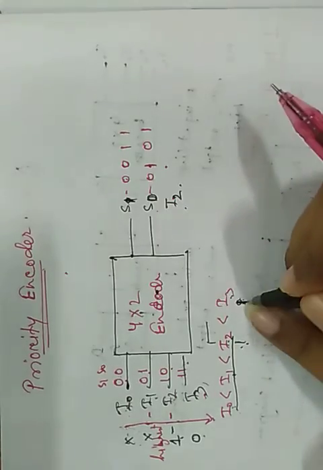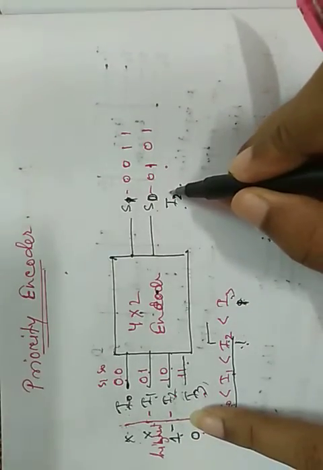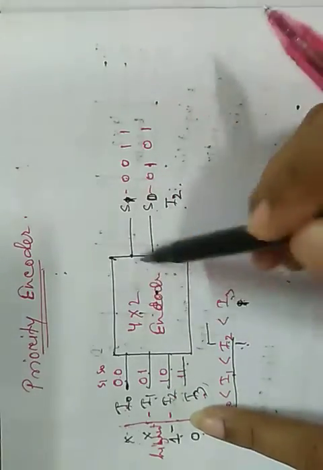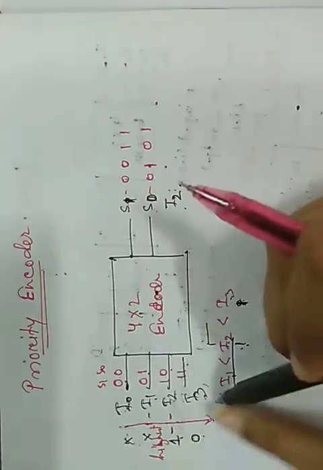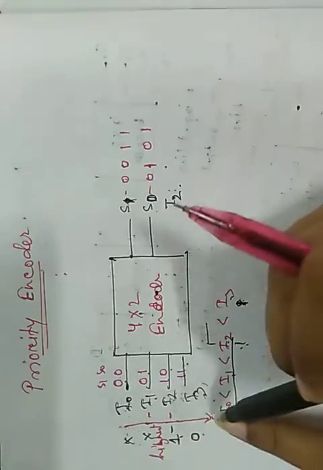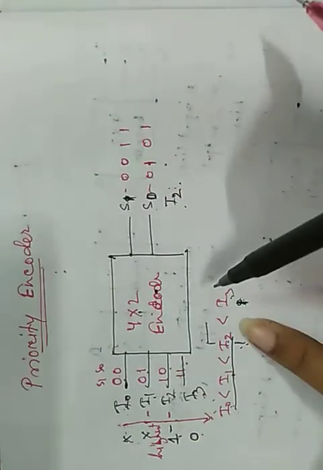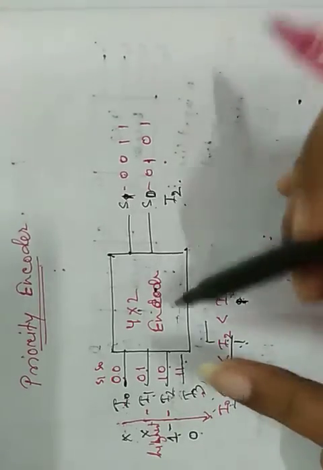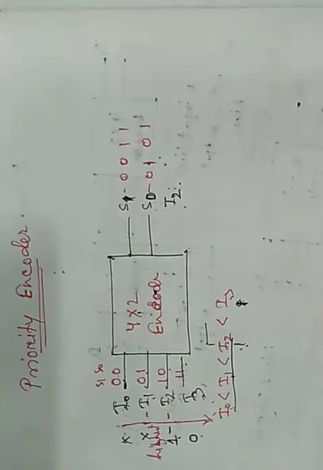The highest priority value is what we get in our output line. This is our priority encoder. In priority encoder, every input signal must be assigned a priority value, and the highest priority input gets to display its value in the output signal.